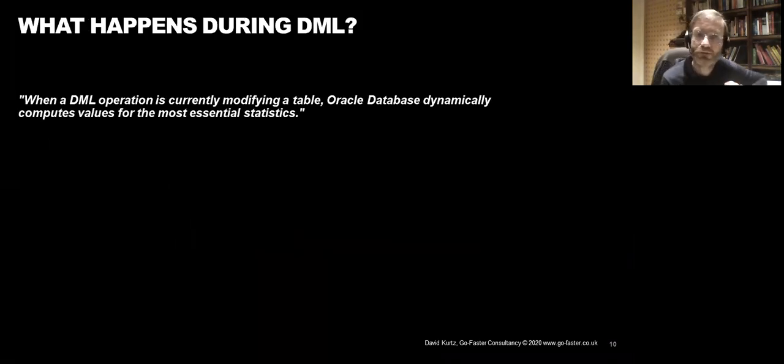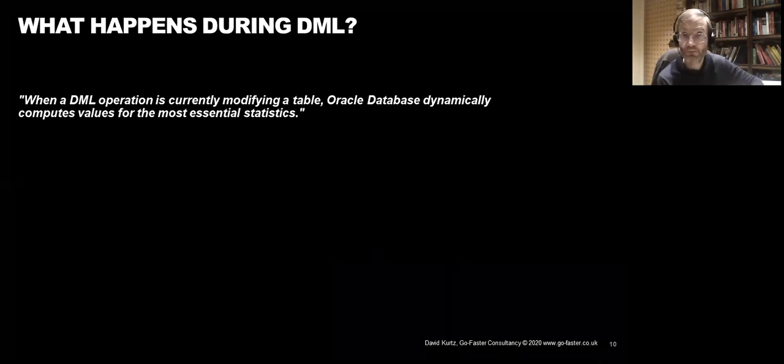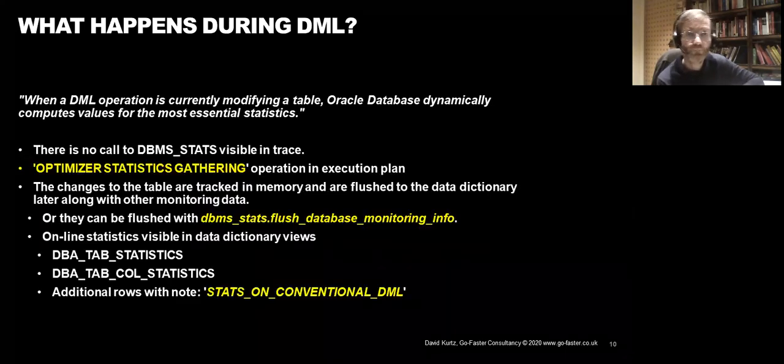So what happens when you submit a DML? Well, you can't find a call to DBMS stats in the trace. You will find an optimizer stats gathering operation in the execution plan.